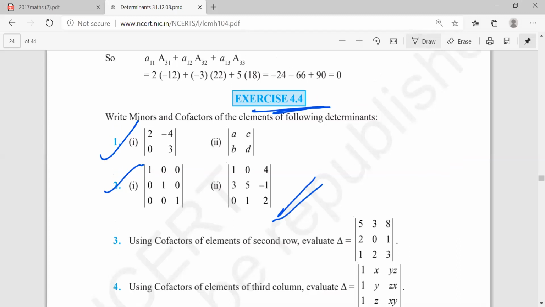If anyone needs help in any of the questions, let me know. Send me the answers to the first two questions on my WhatsApp. Take your textbook, exercise 4.4, first two, because while going further, I need this concept.